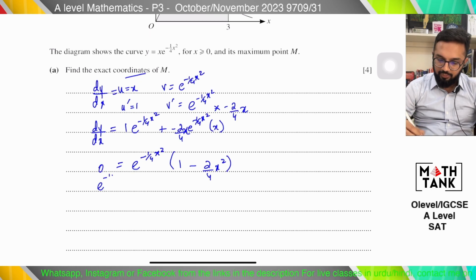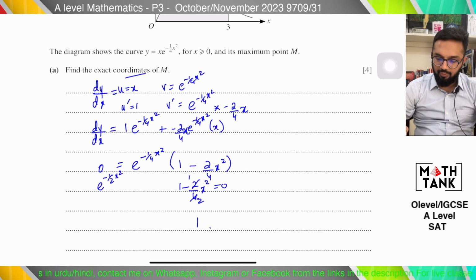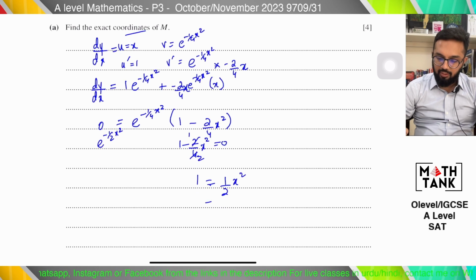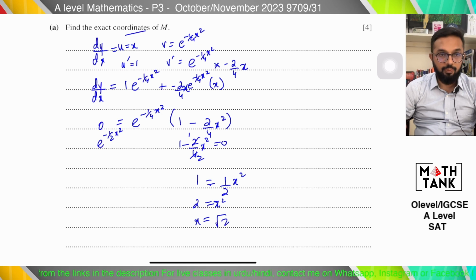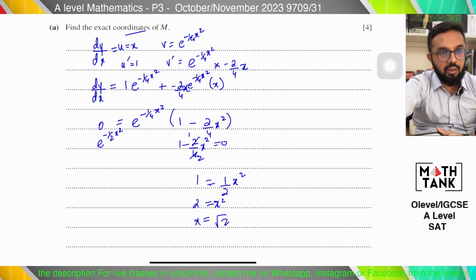Either this equals 0 or that equals 0. So 1 equals half x squared. So x squared equals 2 and x is therefore root of 2. Let's verify that is the correct answer.